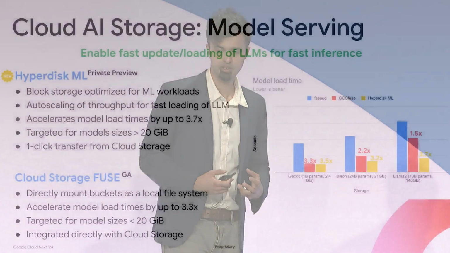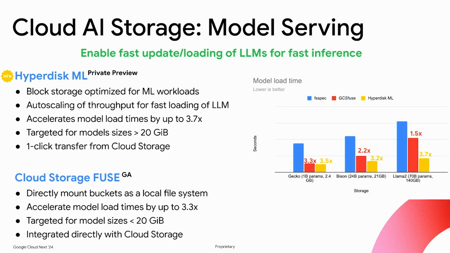Some of the results and benchmarking we did with some common models like Gecko, Bison, and Llama 2. And we've come up with some recommendations as well. If your model size isn't that large, the model weights, I should say, you can use GCS Fuse, the easiest way. It's super portable. Your data is on cloud storage. You don't have to think about read-only many PDs. It's a lot easier to use.